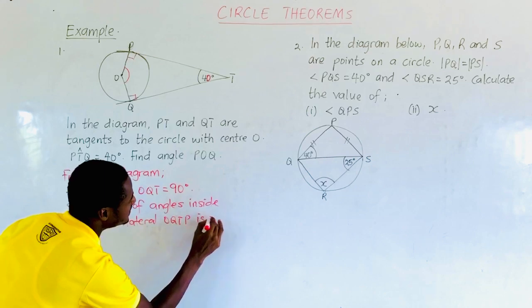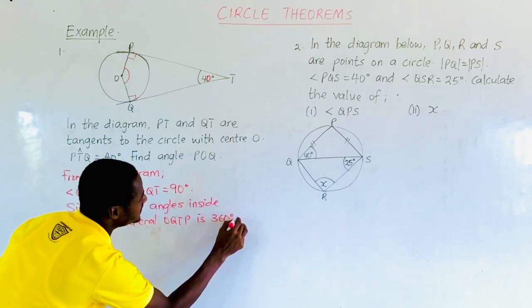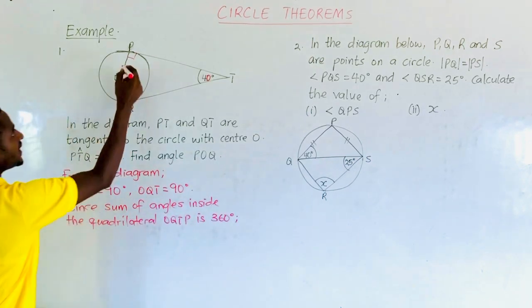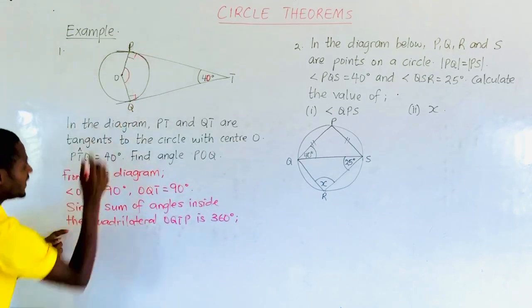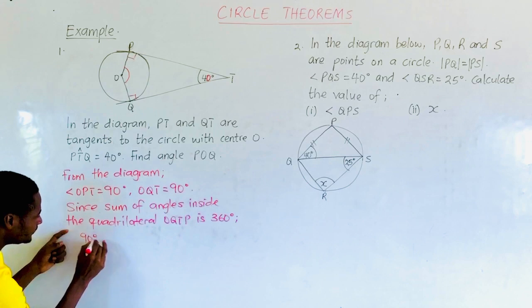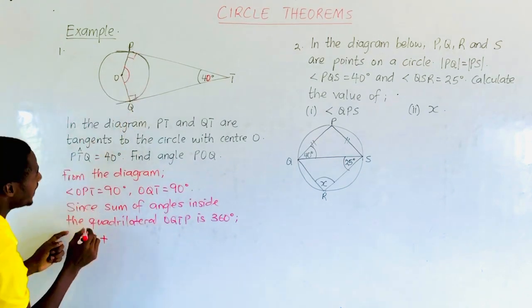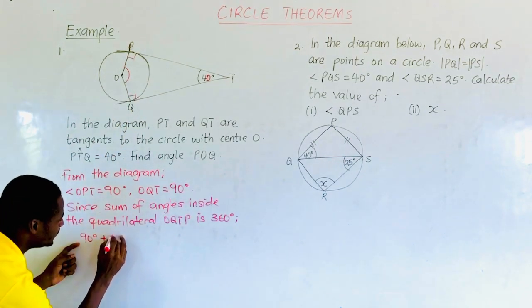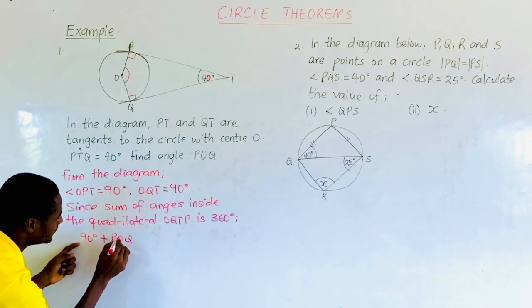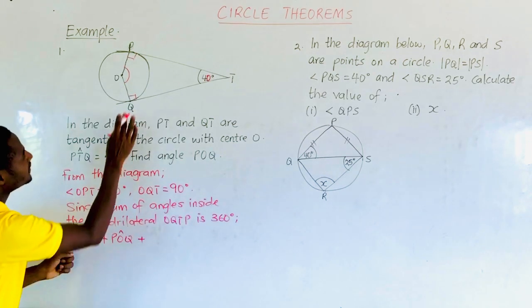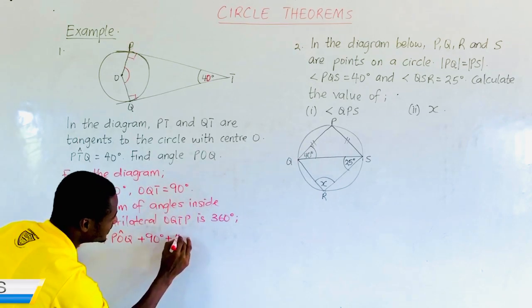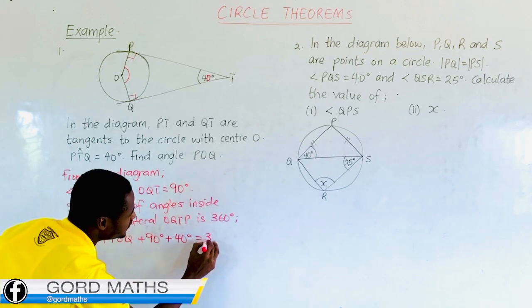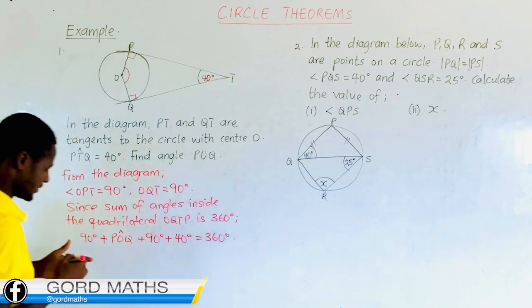OQTP is 360 degrees. Then the sum of angles will be, we have 90 degrees plus, next we have our angle POQ plus, we have another 90 degrees plus the last is 40 degrees, and that should be 360 degrees.